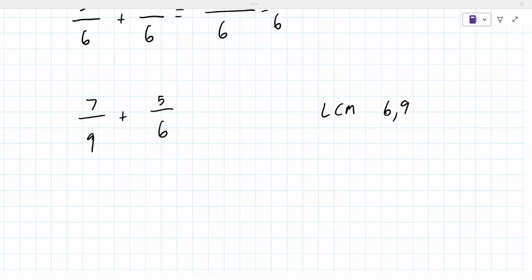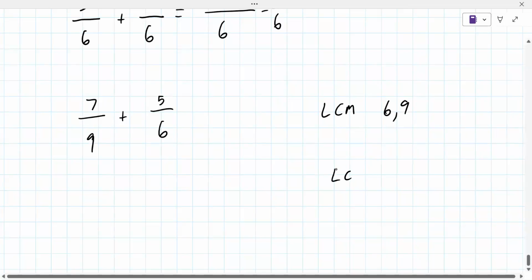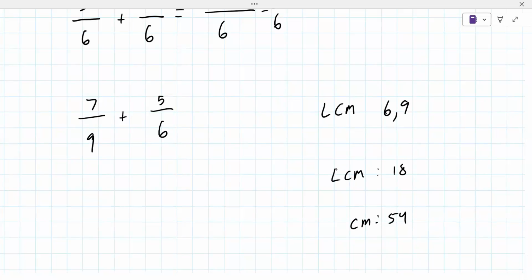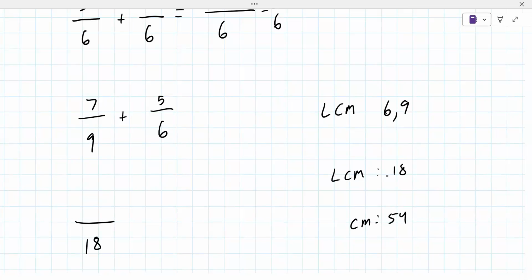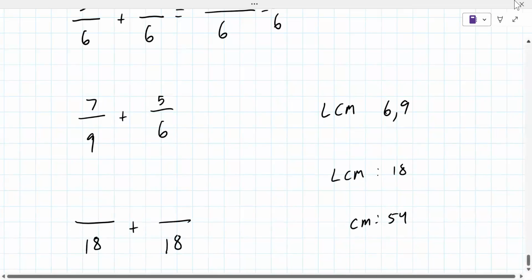So I got 18. It is 18. So if you multiply 9 and 6, you get what's called a common multiple of 54, but you really want the least common multiple. And it makes your operations here a lot easier.